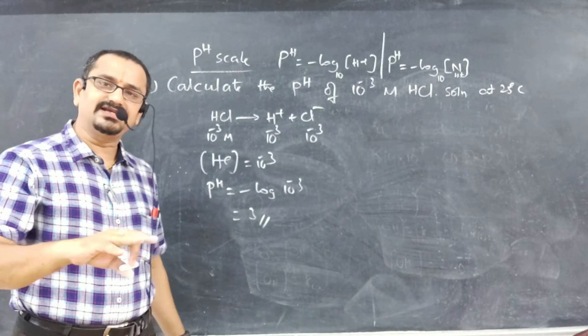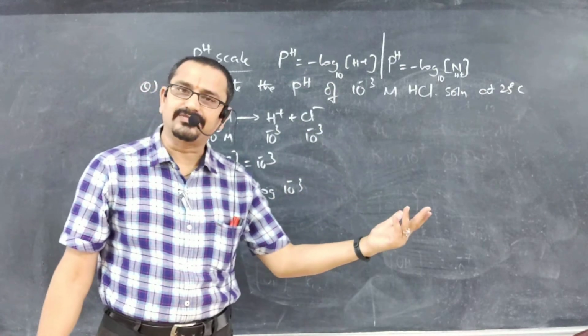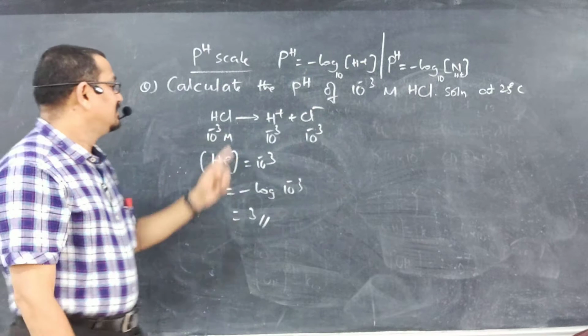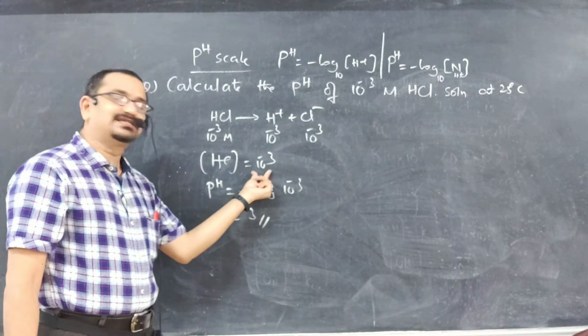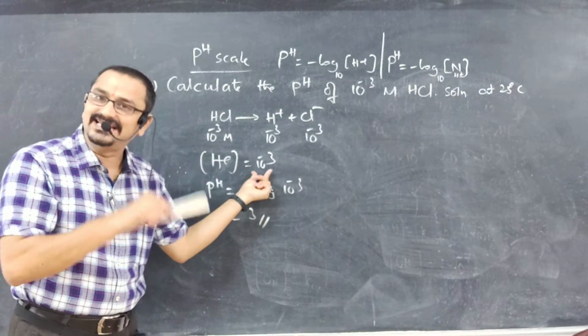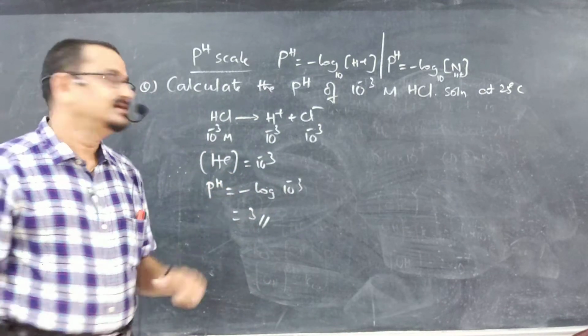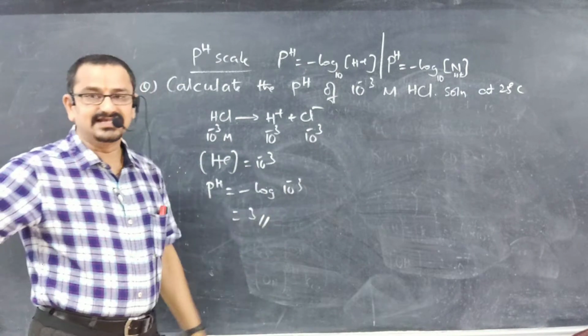H plus is 10 power minus 7, and OH minus is also 10 power minus 7. The H plus of 10 power minus 7 is also there in the solution, but here we are taking only the H plus concentration coming from HCl. We are neglecting the H plus ion concentration coming from water. Why? When compared with this, that is negligible.